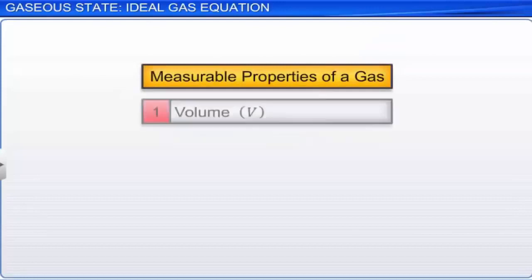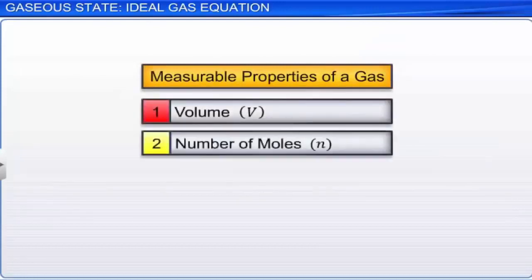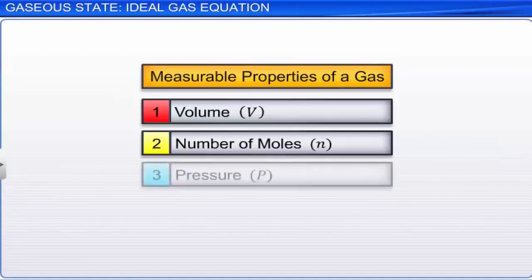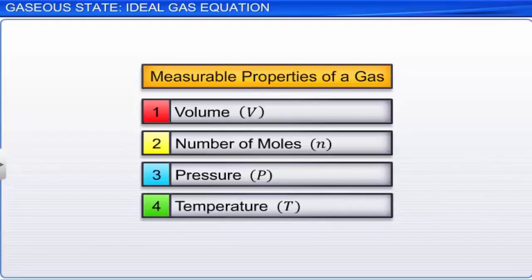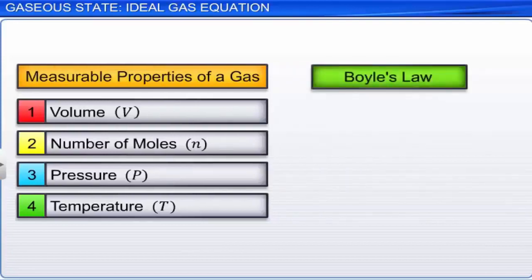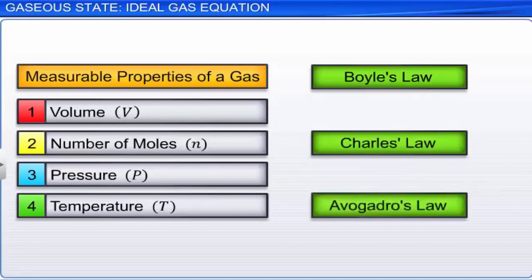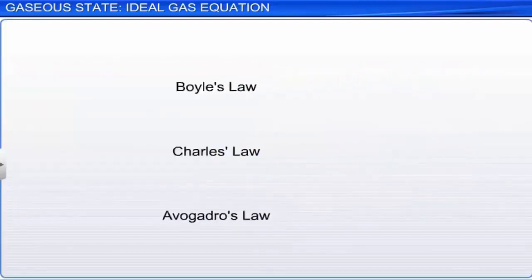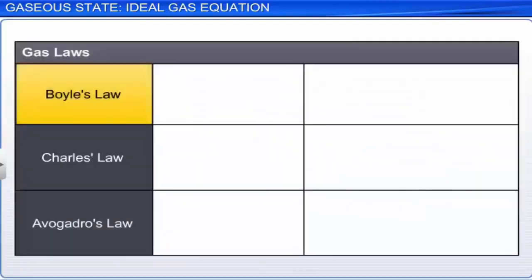We know that volume, number of moles, pressure, and temperature are the 4 interrelated properties that describe the behavior of gases. The relationship between these properties is described by 3 laws. They are Boyle's law, Charles' law, and Avogadro's law. Boyle's law describes the relationship between pressure and volume.